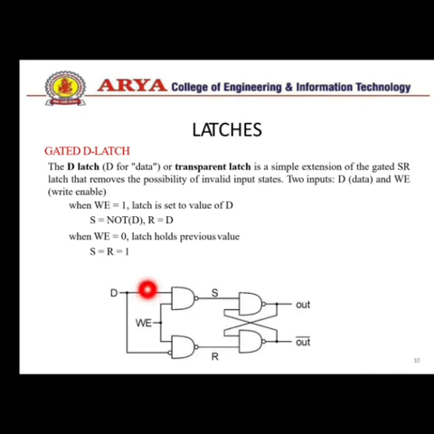When W equals 1, the latch is set to the value of D. The first input S is connected to D, and R is connected to D bar, so S equals D and R equals D bar. And when W equals 0, the latch holds the previous value, when S equals R equals 1.